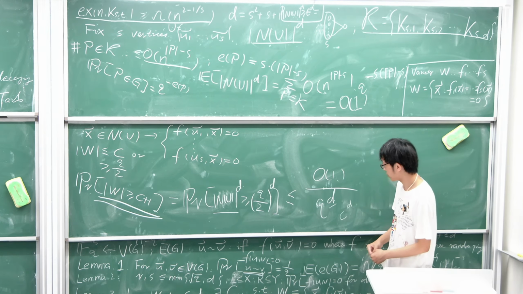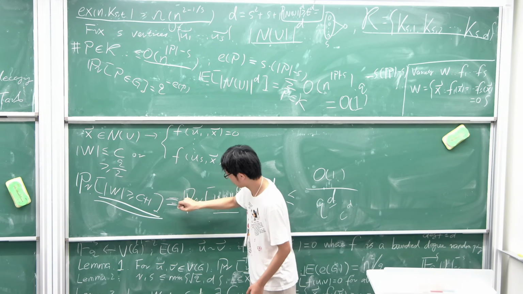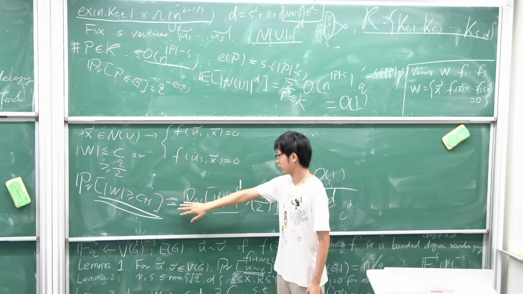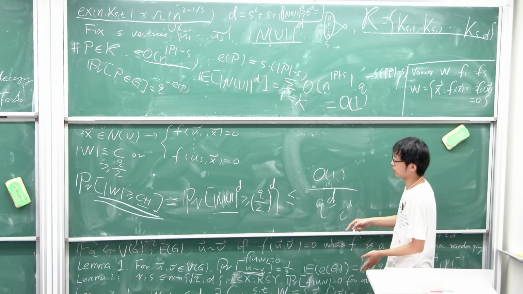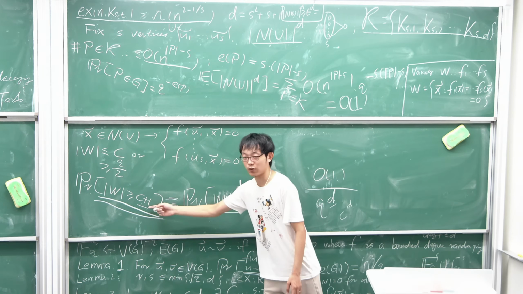This probability is very important. This observation is that if it is larger than some large constant, then it must be at least some very, very large number related to Q. Okay. So the following steps are very standard because the probability is very small.